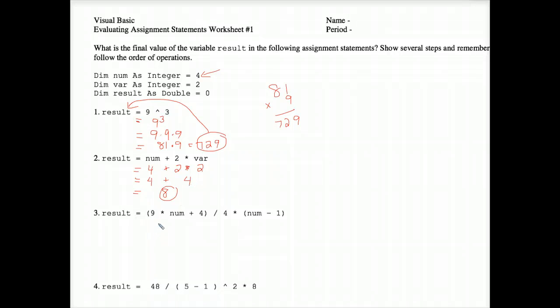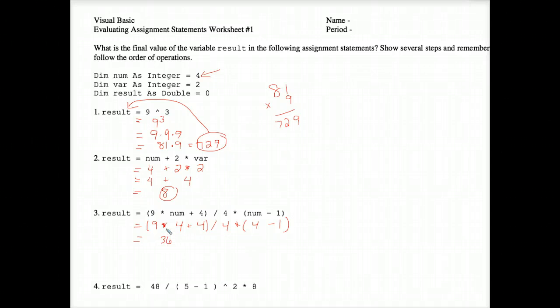Okay, next, number 3. Rewriting it with 4 plugged in for num. Everywhere that you see a num, it's 4 in this exercise, on this whole worksheet actually. According to the order of operations, let's see, we would do this set of parentheses next, and within there we would do the multiplication.